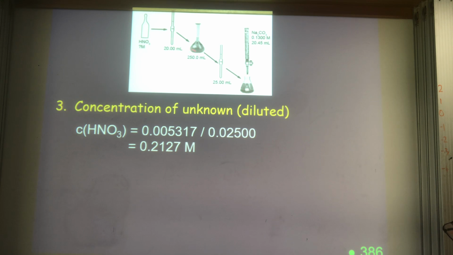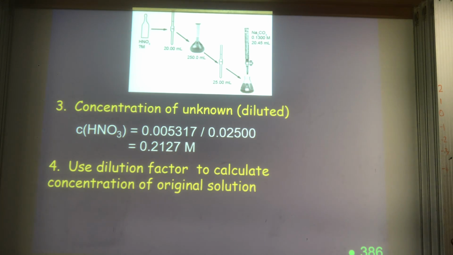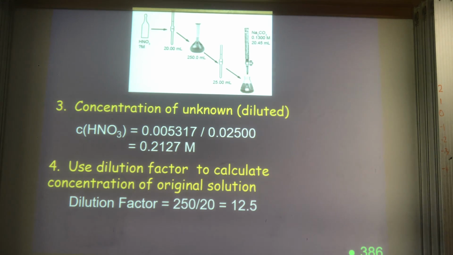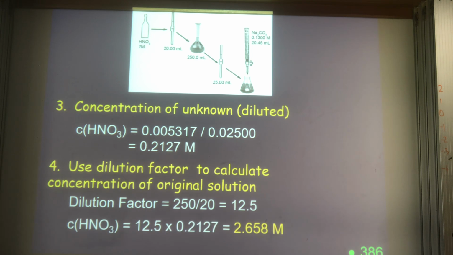Well, it's a simple dilution. 20 mils has been diluted to 250 mils. That's a dilution factor there. So we work out our dilution factor and then multiply to get the original concentration. Original concentration, of course, is higher, so we're going to multiply by our dilution factor. So just think, where did the dilution occur?